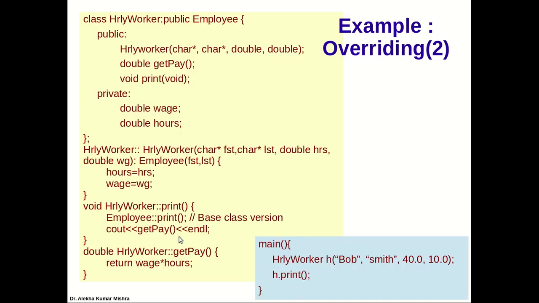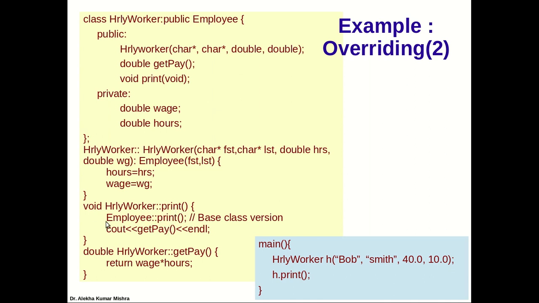But how to use it? Yes, we can call it through the scope resolution operator. So within the print, to call the base class version, we just don't write print. If you write print, it will recursively call this function and fall into an infinite recursion loop.